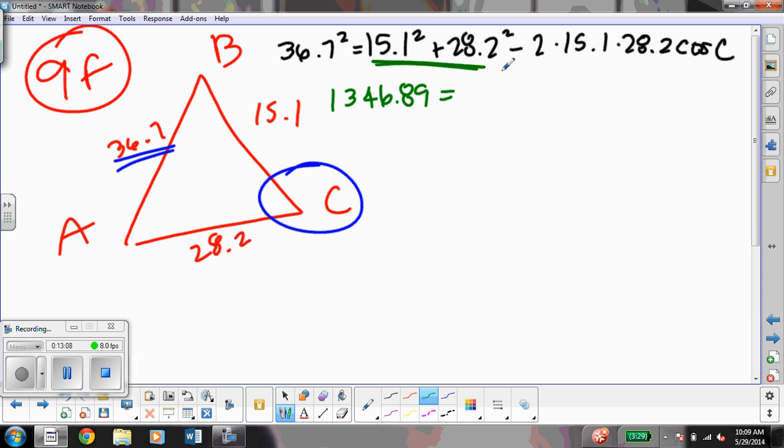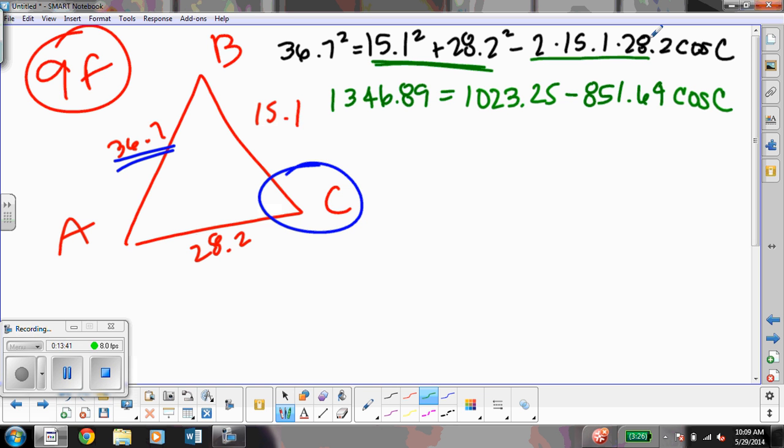And I can combine these two square numbers together, 15.1 squared plus 28.2 squared, to get 1,023.25, and I can multiply these numbers together, the 2, the 15.1, and the 28.2. Again, don't make the mistake of trying to combine all of these numbers together right away, because you cannot.